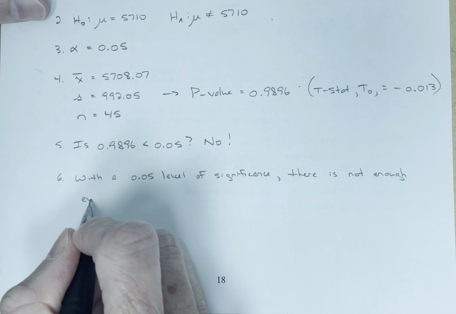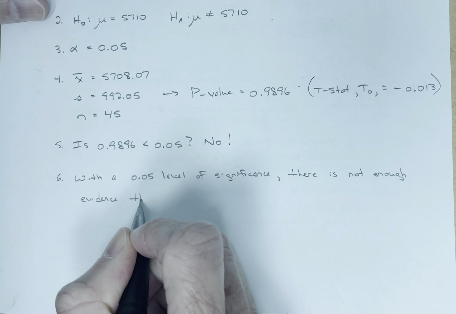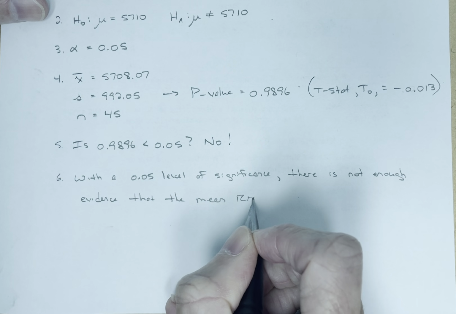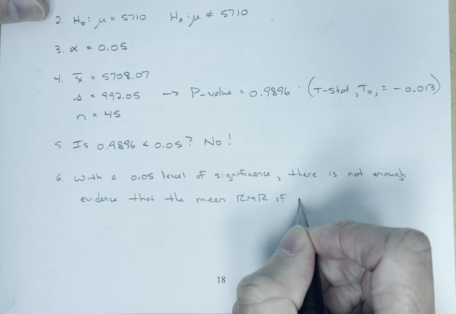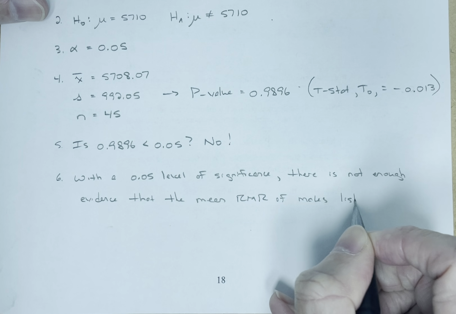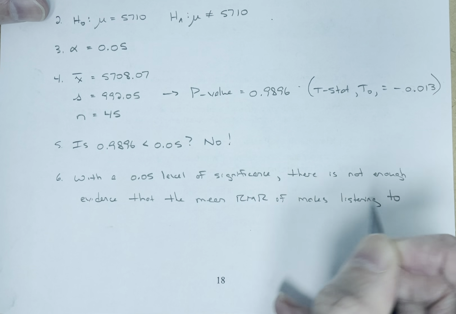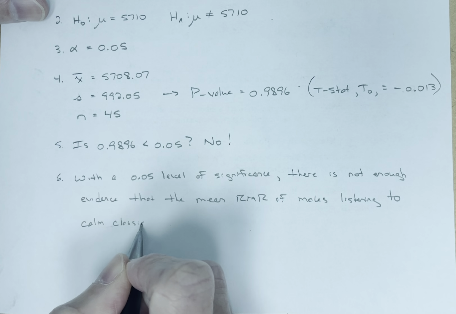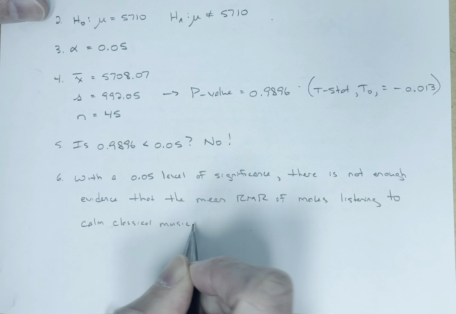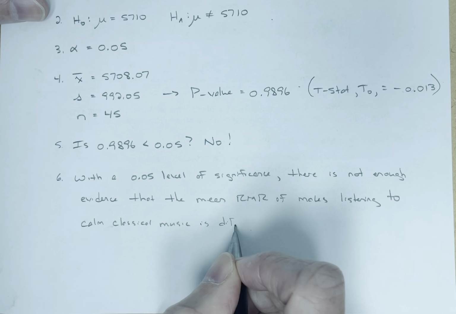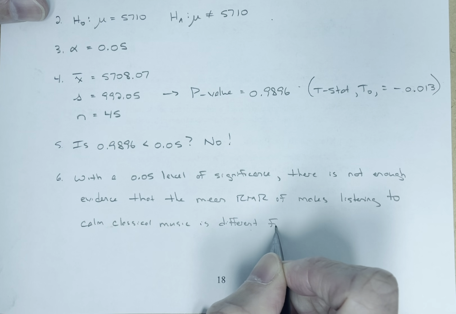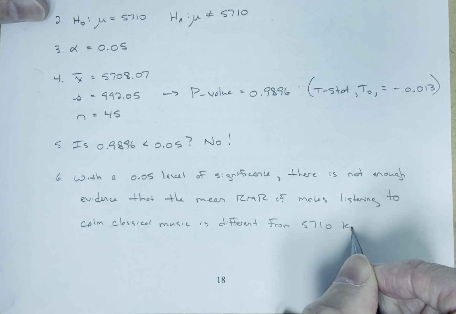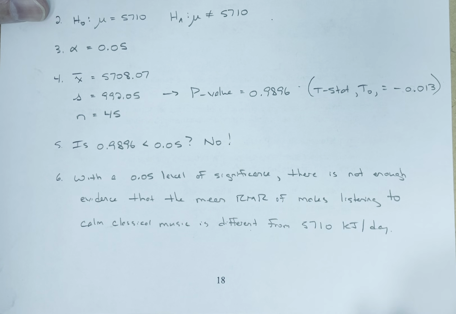There's not enough evidence that the mean RMR of males listening to calm classical music is different from 5710 kilojoules per day. There you have it.